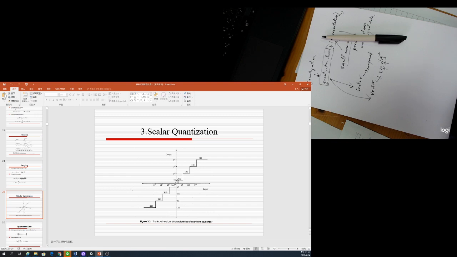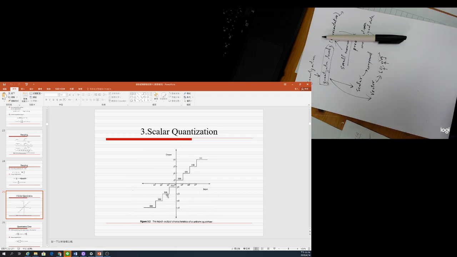You use Y to represent the data, so your continuous mode becomes a discrete mode. Here they have 8 levels. Y1, Y2, Y3, Y4 up to Y8 are your representative vectors.